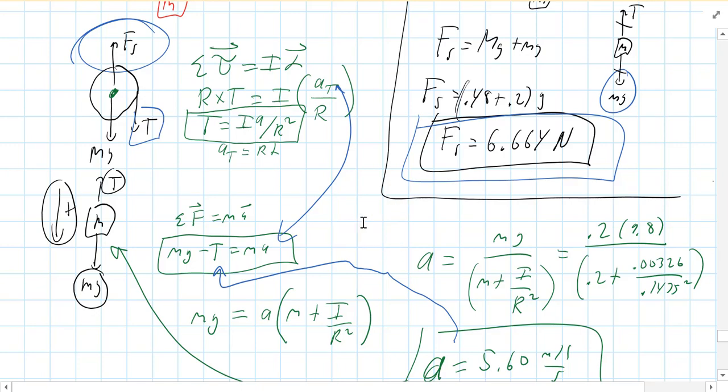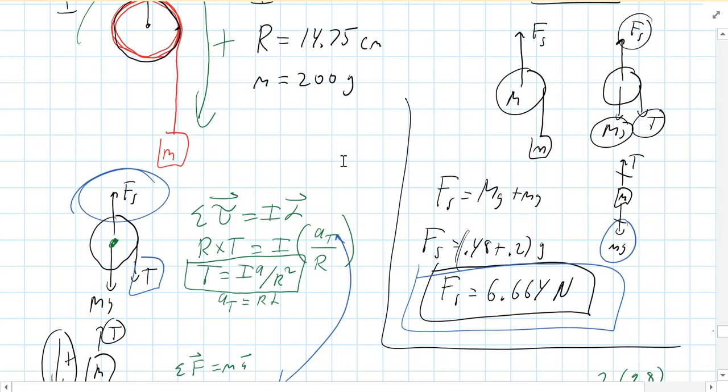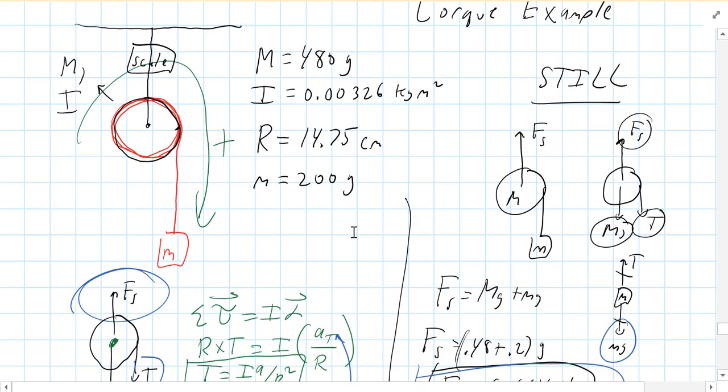So it was a different unknown. Basically, it's the same exact problem. It's just a different unknown now. Instead of not knowing A, I didn't know I, and I was able to work my way back and calculate I. So this would be a good lab question, like, hey, how would you figure out the moment of inertia of a wheel with this apparatus?